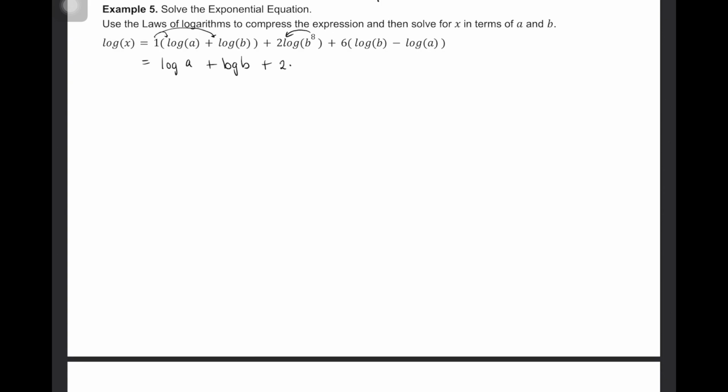So that would be 2 times 8 times logarithm b. And then this 6 will be multiplied to every logarithm here because there's a parentheses. So by algebra, we use distribution. This will be 6 times logarithm b minus 6 times logarithm of a.